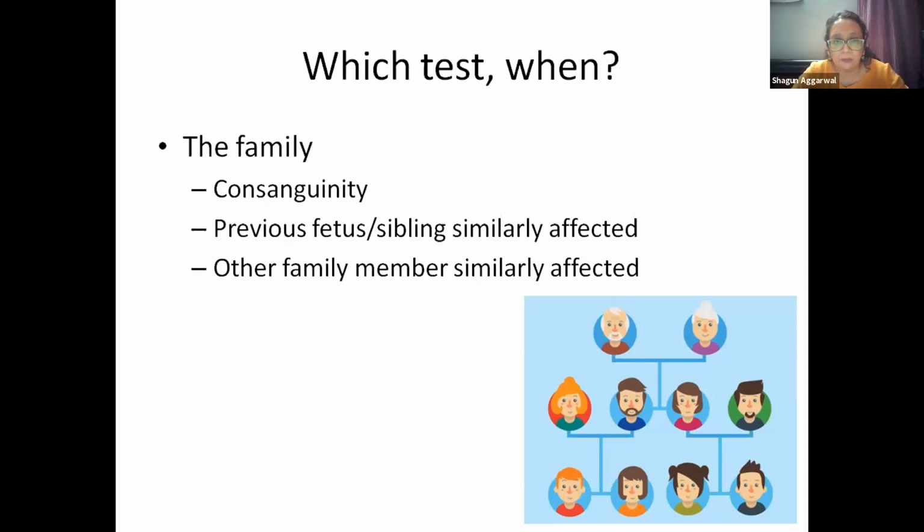If there is a problem of cost, you can just do a karyotype and exome sequencing instead of a microarray. Then if you have a history of a similarly affected sibling or other family member, here also we would be thinking in terms of a single gene disorder rather than a chromosomal abnormality. So this can help us in deciding what test to offer.